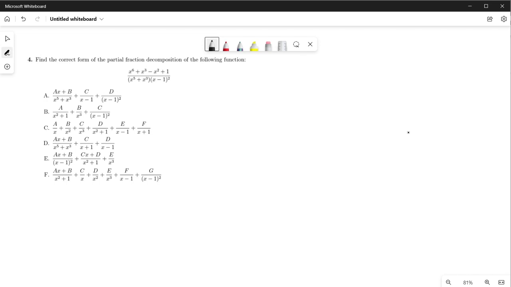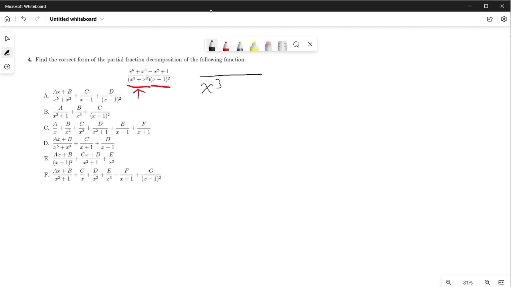First of all, the denominator here, we already have 2 parts, but this first part can also be factored into simpler forms. Both of the polynomials in the first part have x cubed, so I'm going to take that out too.